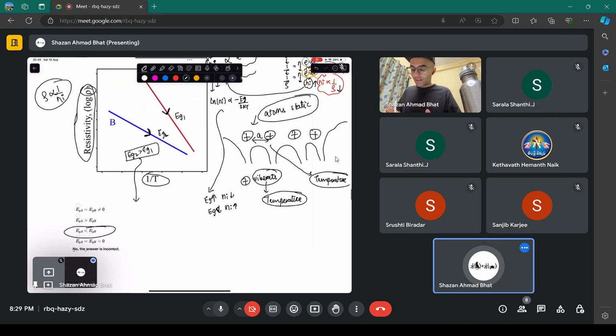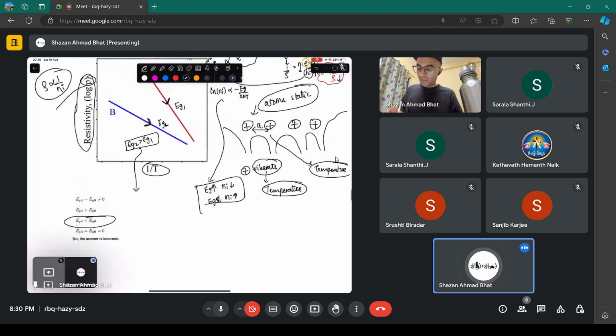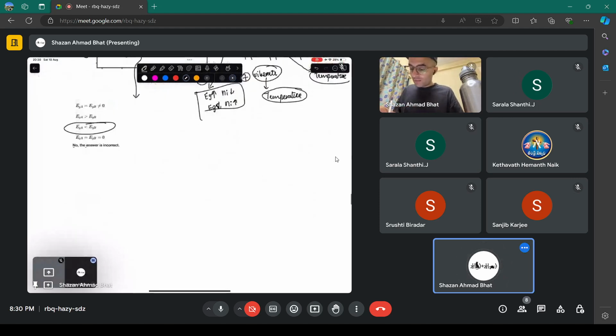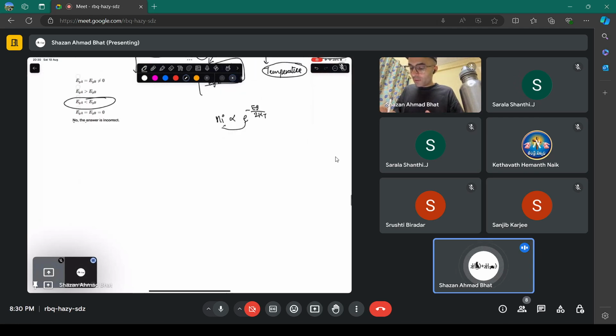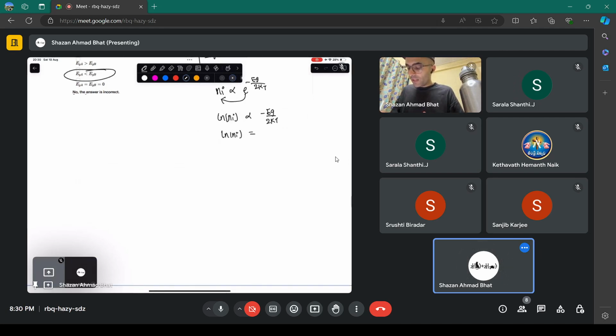Because this time it is the resistivity plot versus the 1 by temperature plot. And if you have something like Ni is directly proportional to e to the power minus Eg divided by 2 kT, you bring logarithm on this side, you write it as ln of Ni is directly proportional to minus Eg divided by 2 kT. And you write it as ln of Ni, let's say, is equivalent to Eg by 2k times 1 by T. What you plot is this versus this.